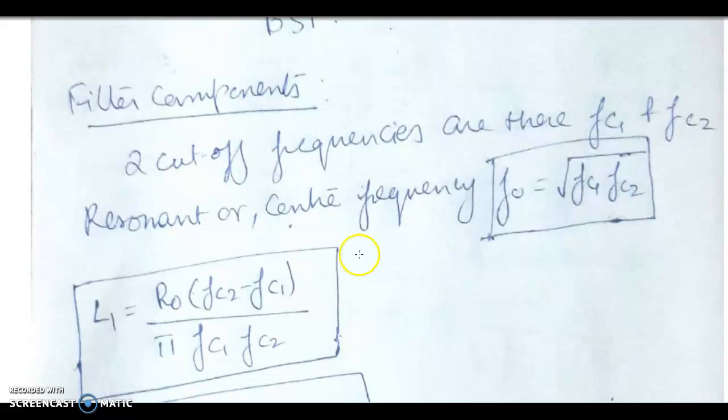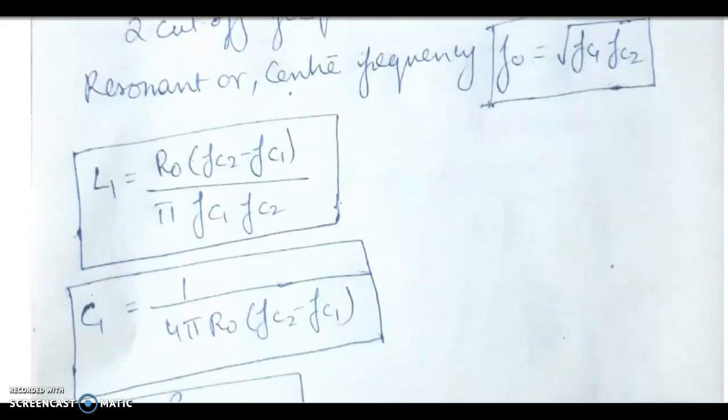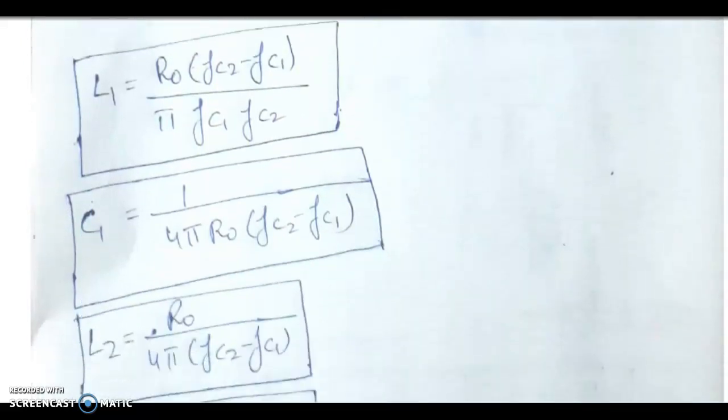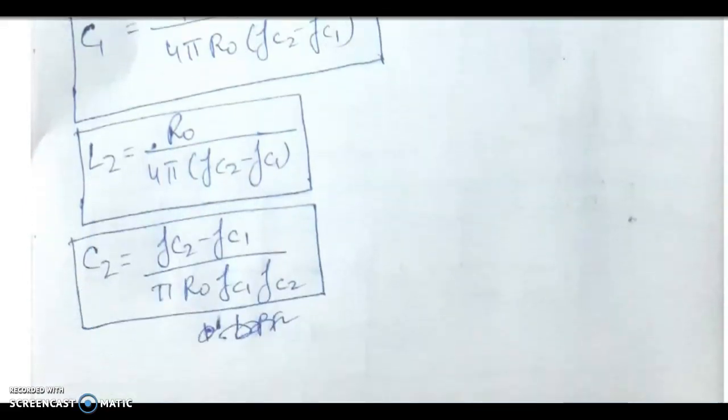So when we solve it, we find out that L1 is equal to R0 (Fc2 minus Fc1) upon pi Fc1 Fc2. C1 is equal to 1 upon 4 pi R0 (Fc2 minus Fc1). L2 is equal to R0 upon 4 pi (Fc2 minus Fc1), and C2 is equal to (Fc2 minus Fc1) divided by R0 Fc1 Fc2.